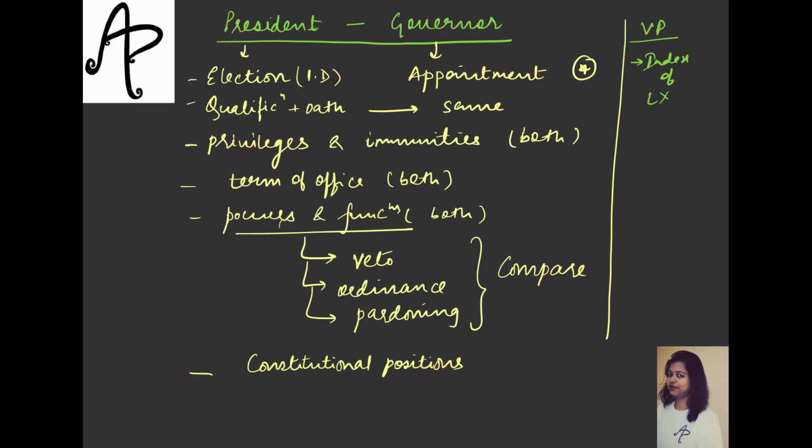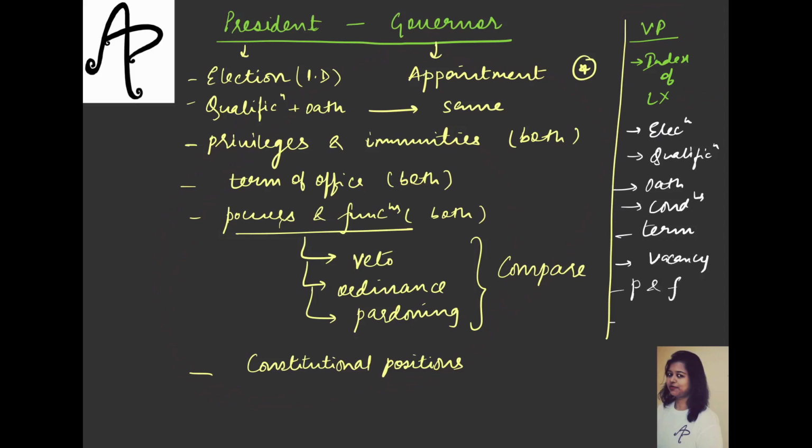What I'm trying to say is how we will do it together. In the case of Vice President, just notice that index and you will see topics like, let's quickly brief this out: election, qualification, the majority of the things will be the same, like oath, conditions, term, vacancy, powers and functions. One important thing, comparison. With whom? With the US Vice President. Okay, this is powers and functions.